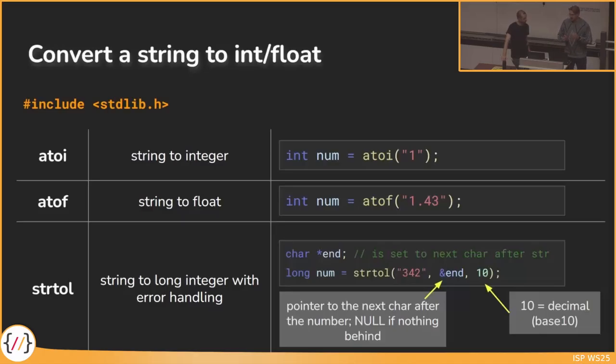There's also a bit of a difference in the function declaration here. You don't only pass the string that you want to convert, but you pass a pointer to the next character after the number. This is just null if there's nothing behind, and else it's set to point to the next character.